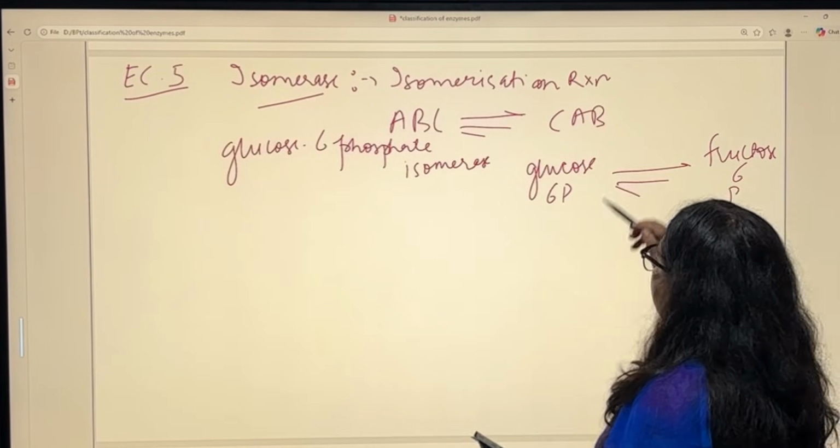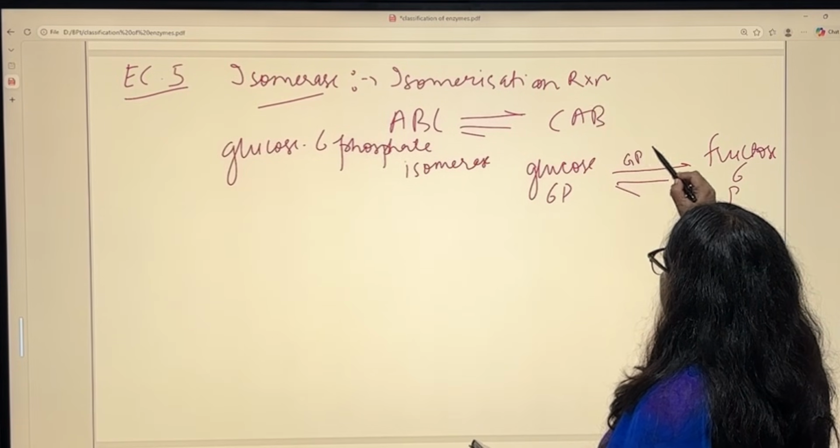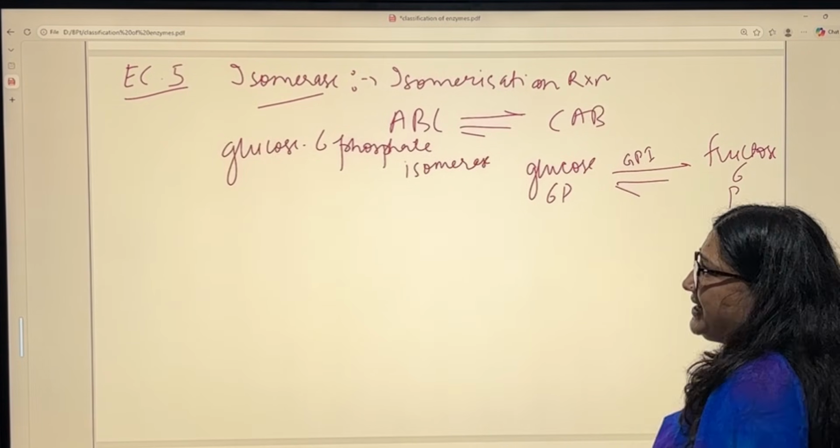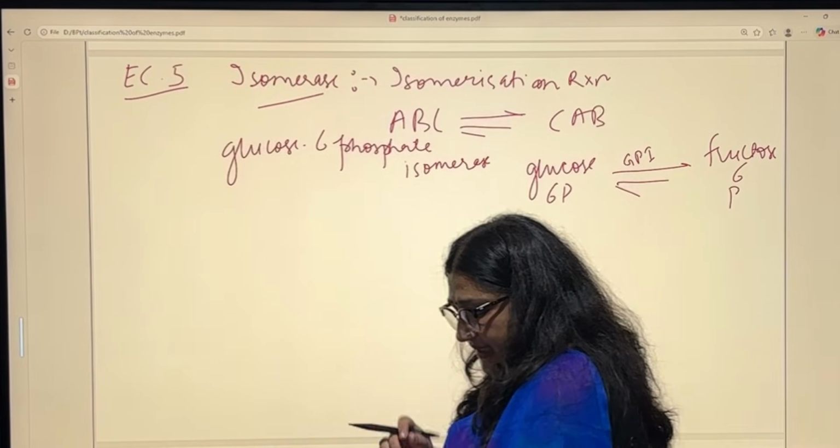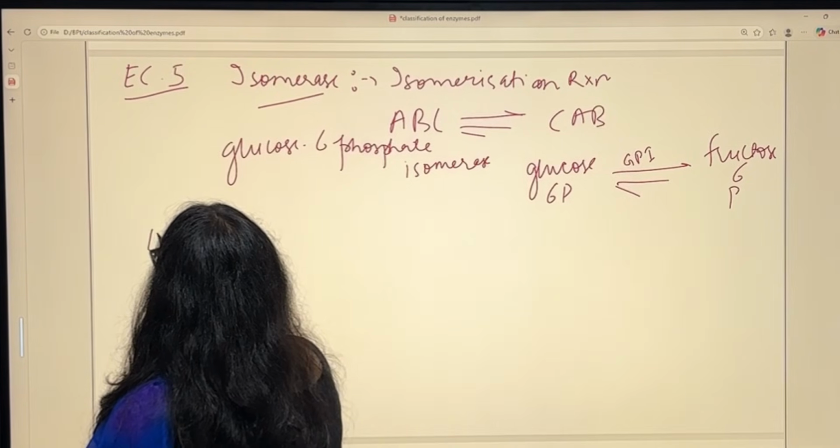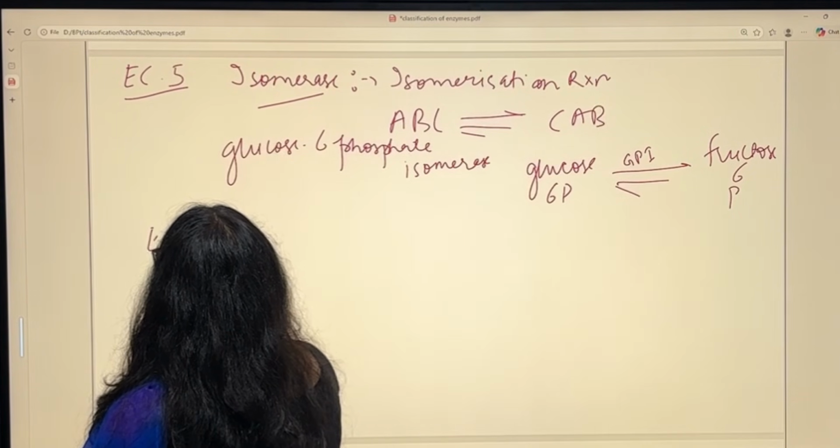This is the glucophosphoisomerase enzyme.